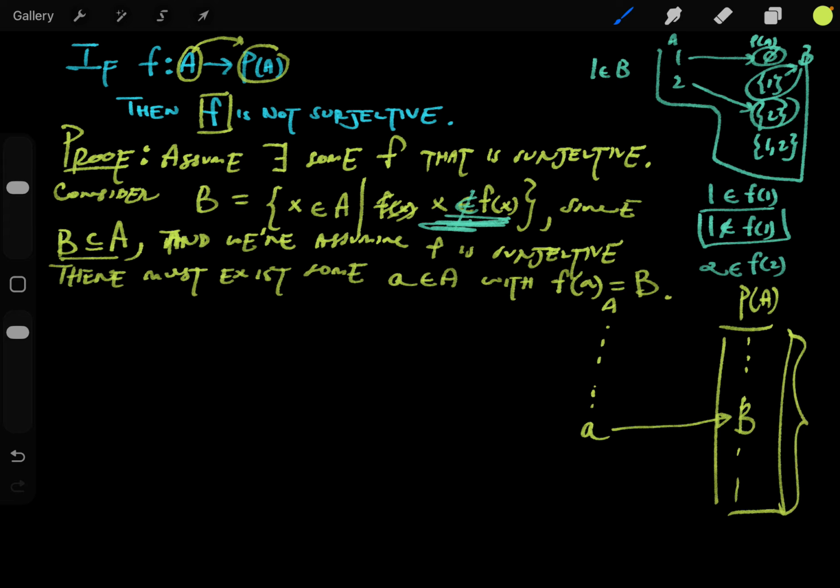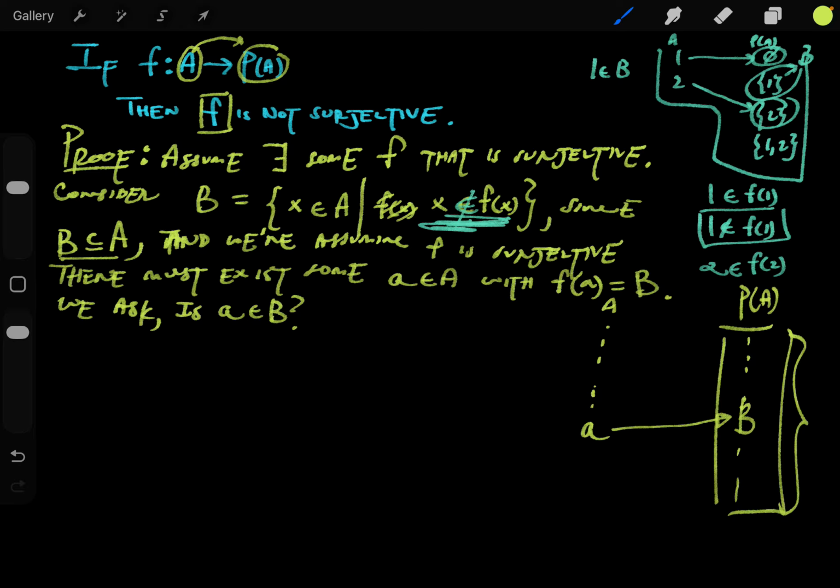So now that we have f of a equaling B, we ask, is a contained in B? And this is what leads us to our contradiction.